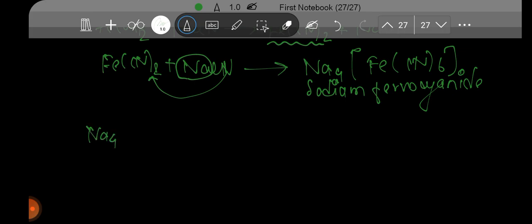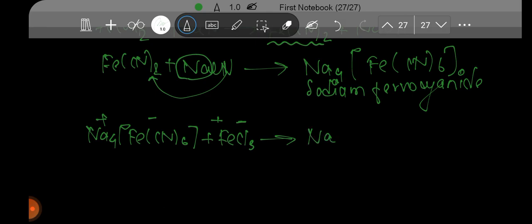Now this sodium ferrocyanide reacts with FeCl3 to give, this is minus component, this is plus component, this is minus component. This is a simple double displacement reaction: NaCl plus Fe4[Fe(CN)6]3, here 3 and here 4, you have to remember this.